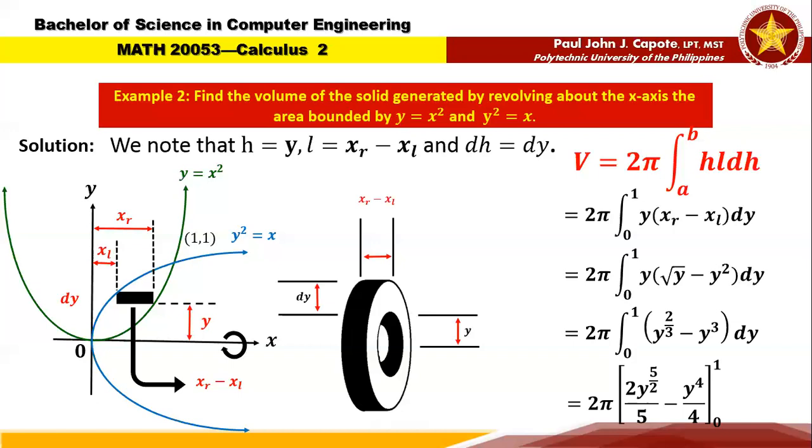And multiplying the answer by 2 pi, we get the volume of the cylindrical shell, which is equal to 3 pi over 10, or that is approximately 1 cubic unit.